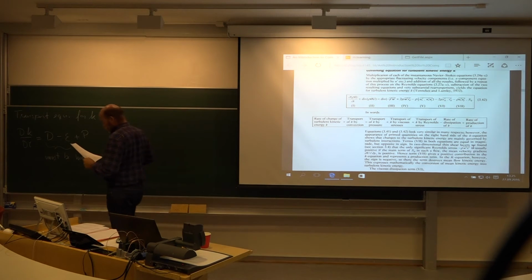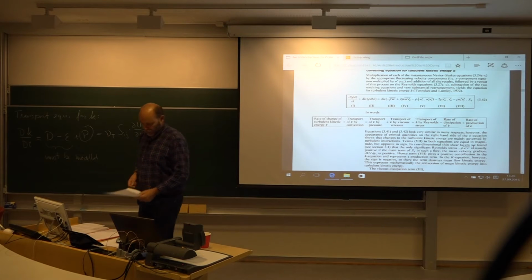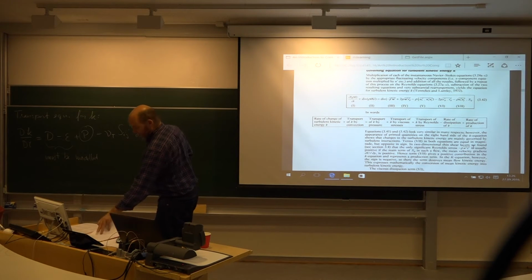This one will actually look something like this. Let's see, it will be eddy viscosity multiplied with the large Sij multiplied with dui/dxj. So it will not involve any new unknowns.